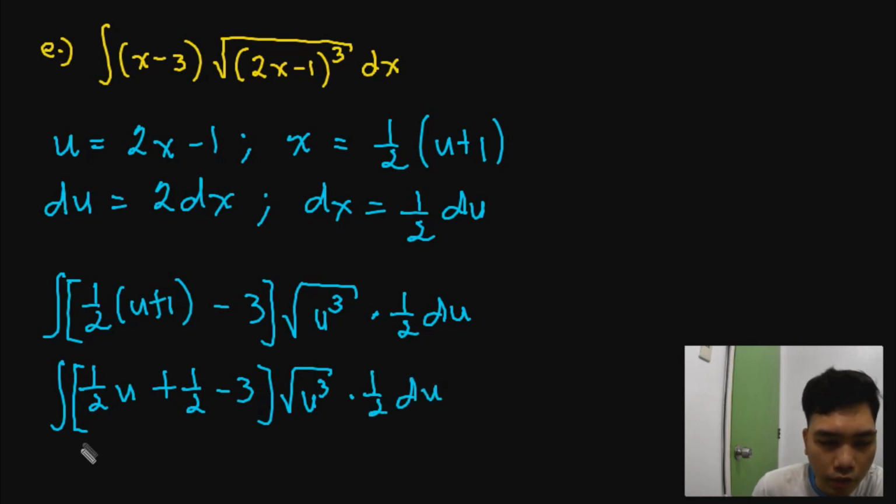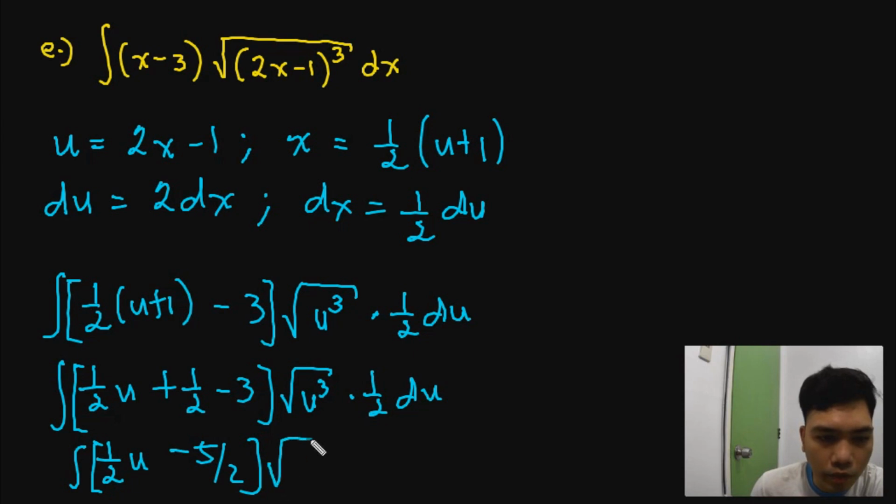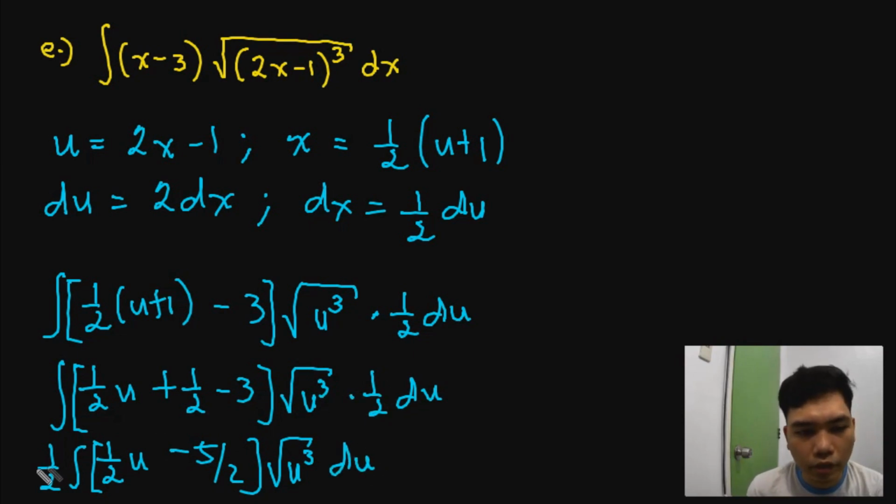And I think we can also rewrite this as 1/2 u minus 5/2, because 1/2 minus 3 is 5/2, which is 2.5, because that's 0.5 minus 3. So this is one step closer to the final expression. I just rewrote this 1/2 in front of the integral sign, and we can now distribute the square root of u cubed so that we have an expression we can integrate directly.